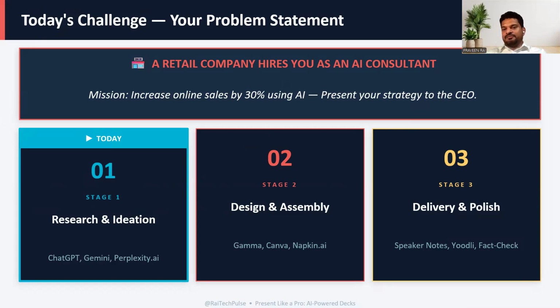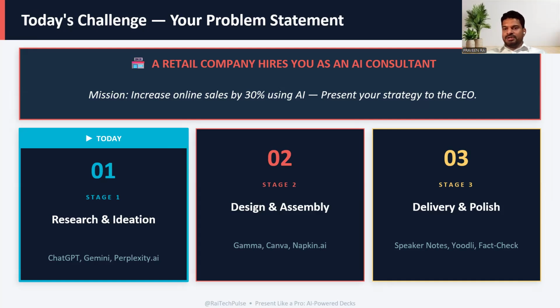First, let's cover the process. Don't bother about anything right now, just try to understand the process we are following. Then for final delivery and polish we will use a few other AI tools. I'll explain in detail.